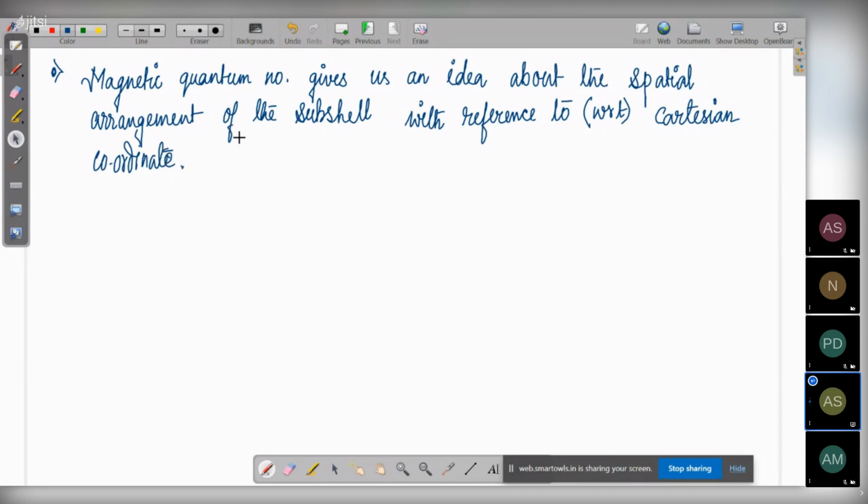So these different orientations are called orbitals.